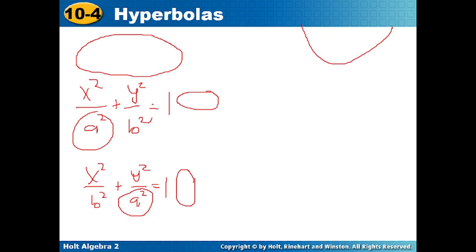There are differences between them. For the ellipse, the center may be at the origin, or the center may not be at the origin, in which case it is at h and k.